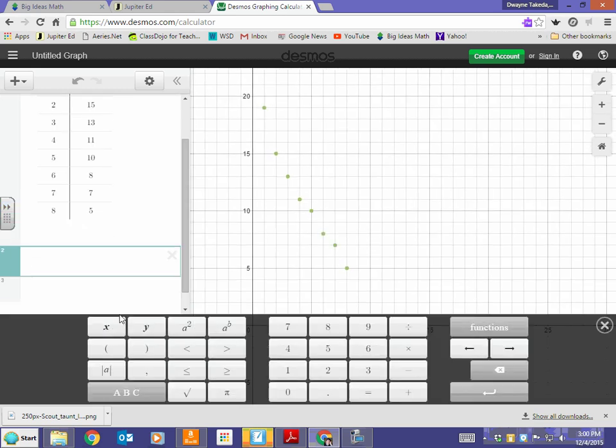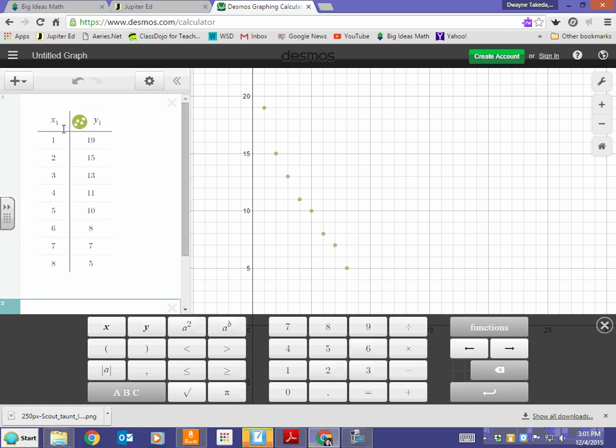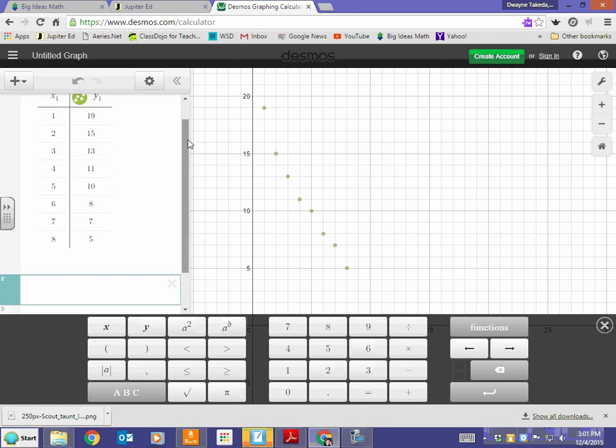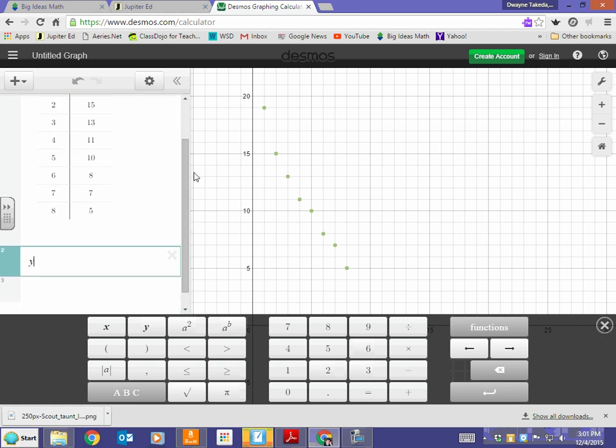In order to have the calculator do this work for us, look what happened here. It labeled these points x sub 1 and y sub 1. So since we want to compare to this data, I'm going to say y sub 1.